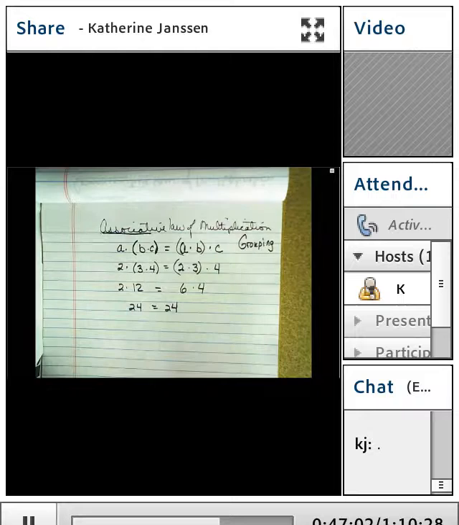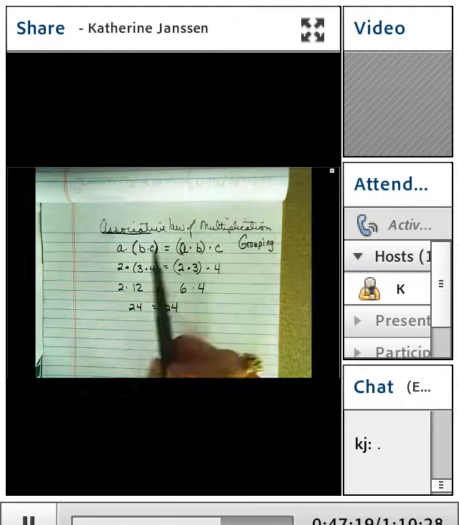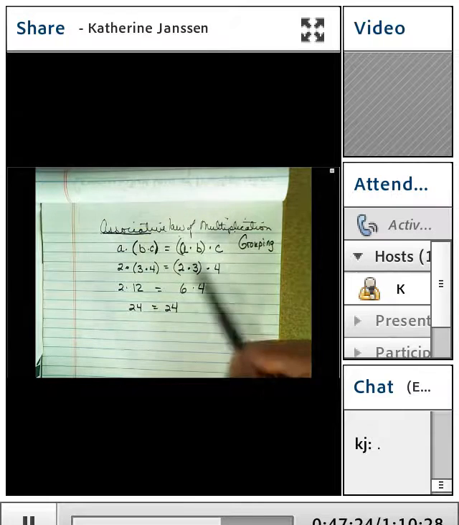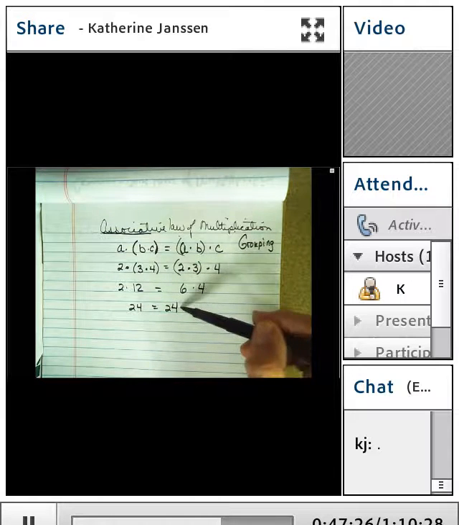So it appeared that that worked. The associative law of multiplication. Our terms can associate differently as long as it's all multiplication. I don't see any division or subtraction. This is the associative law of multiplication. Our terms can group differently, but our answers will be the same.